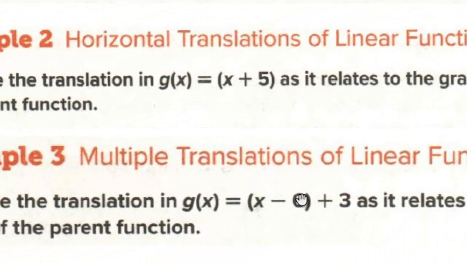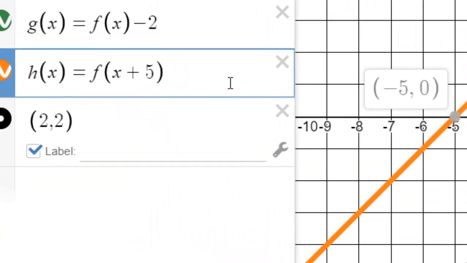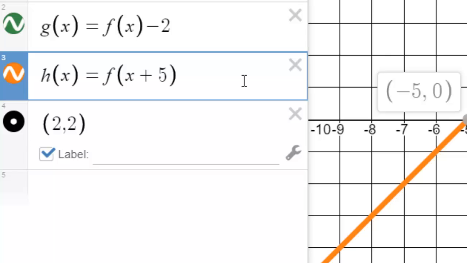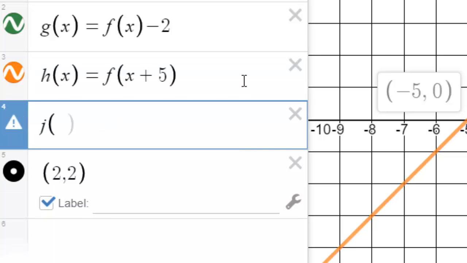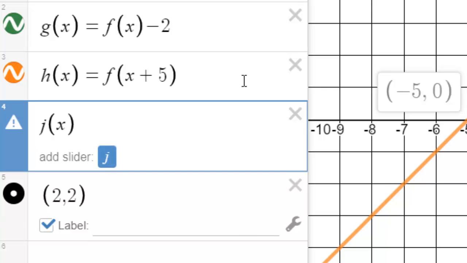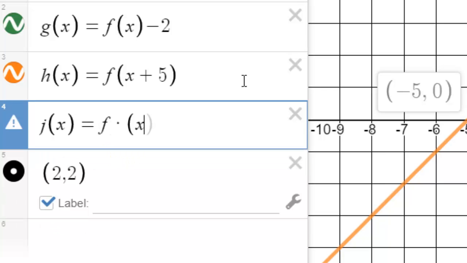If I go and do this calculation, I'm going to do a plus 6 and a plus 3 to it. I'm going to give that another name also, so I'm not going to use the same variable. So we'll call this function j. So j of x is going to equal f of x, and then I'm going to put my plus 6 in there.